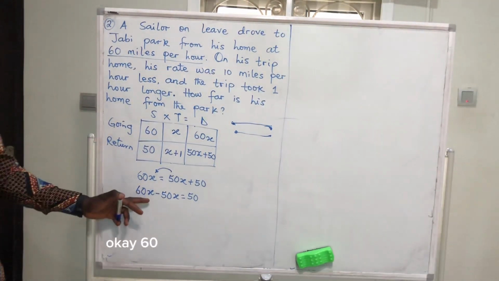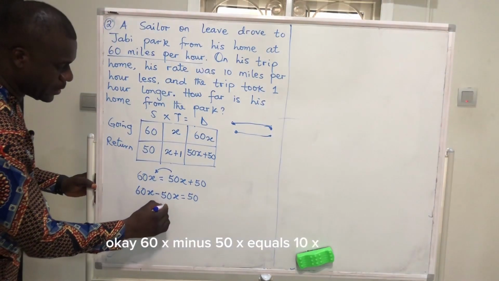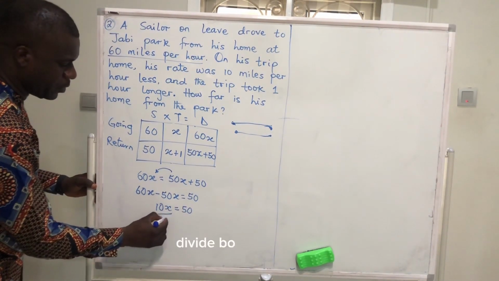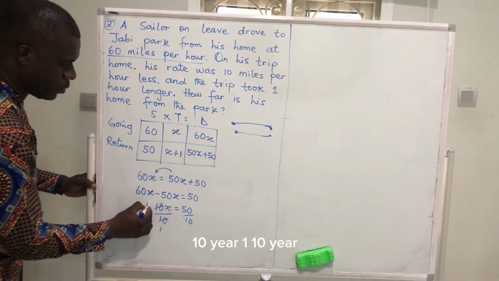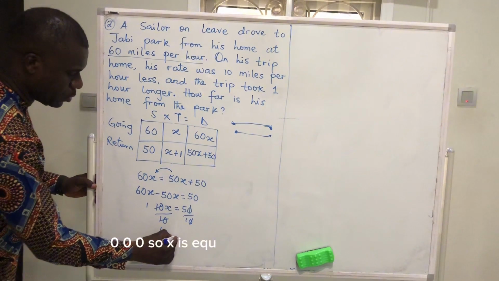Okay, 60x minus 50x will give us 10x equal to 50. Divide both sides by 10. 10 here 1, 10 here 1. 0 cancels 0. So x is equal to 5.